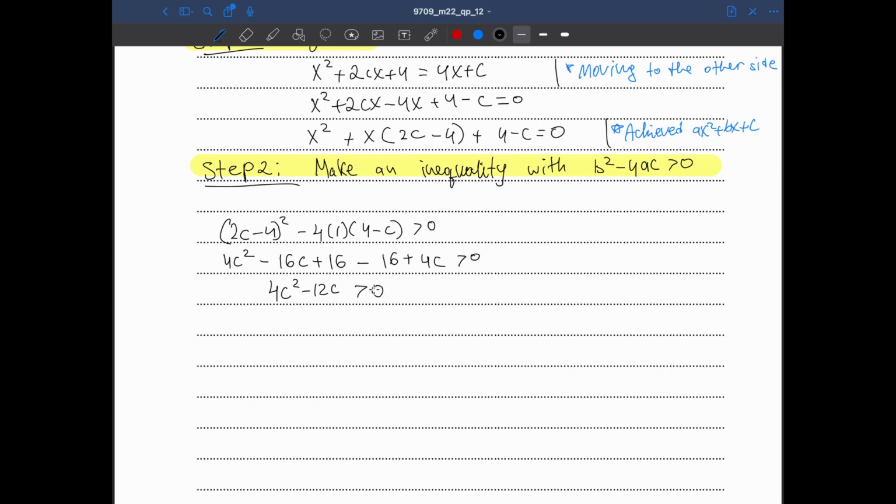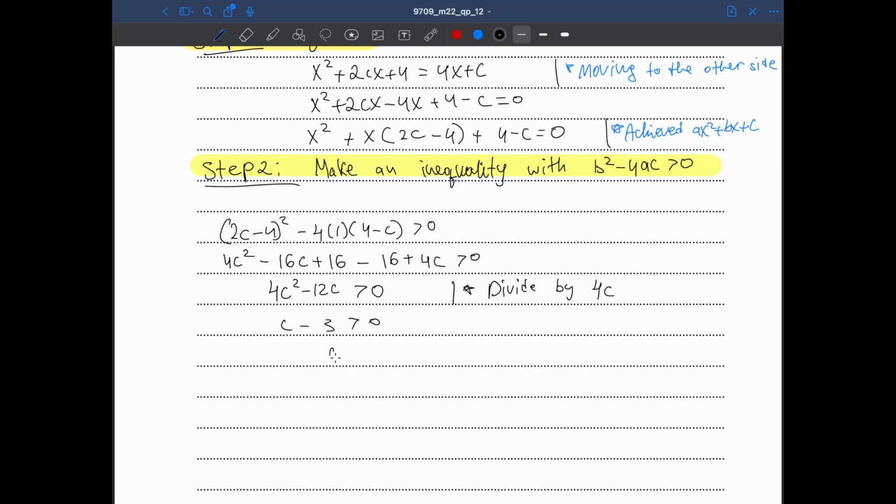All right. And now we will divide by 4c. So we have a greatest common factor, which is 4c. So let's divide by 4c. We get c minus 3 is more than 0.